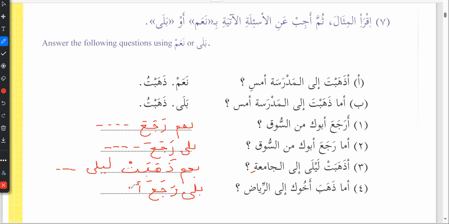So you will say بلى رجع أخي. Sorry, it's ذهب. Anyways, you can use any verb here as long as your structure of the sentence is right. So you'll say بلى رجع أخي من الرياض. Or you can say ذهب أخي إلى الرياض. So it's the same.